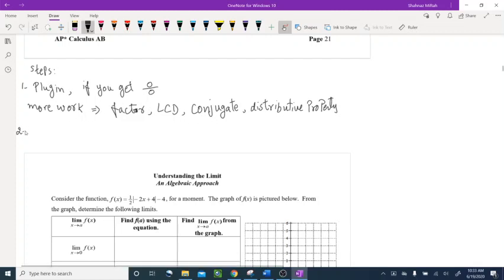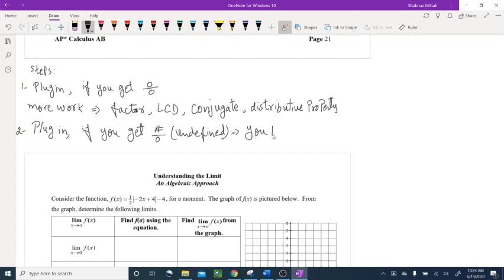Second step, again plug in, and if you get a number over 0, like undefined, when after direct substitution you get something undefined, then you have to do limits.